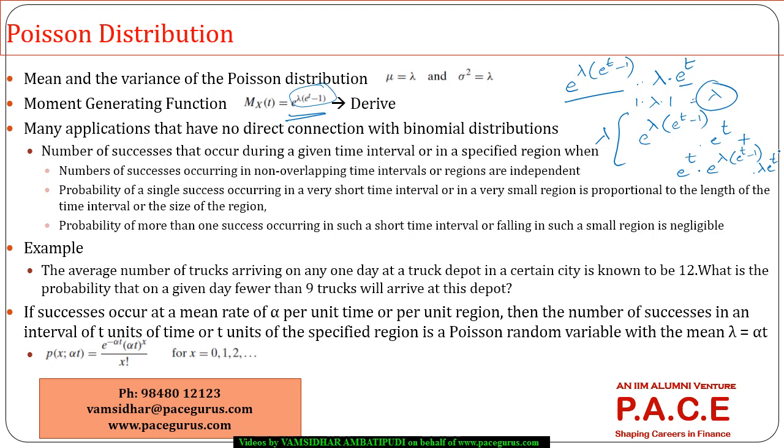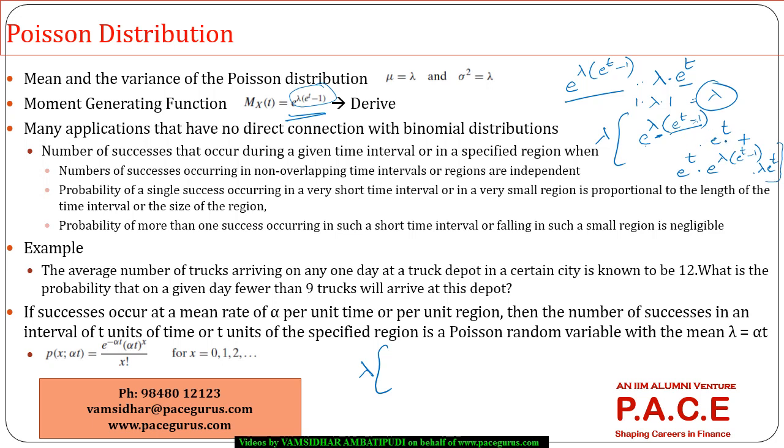Right? That is the derivative of this. When I am substituting t equal to 0, e power 0 is 1, minus 1 is 0, multiplied by lambda is 0, e power 0 is 1.